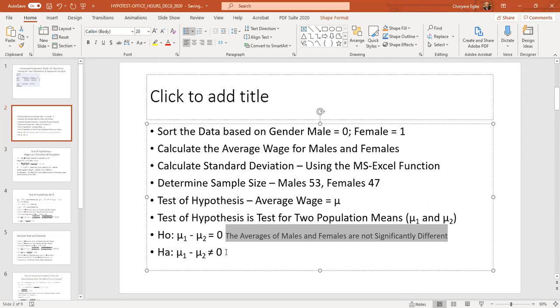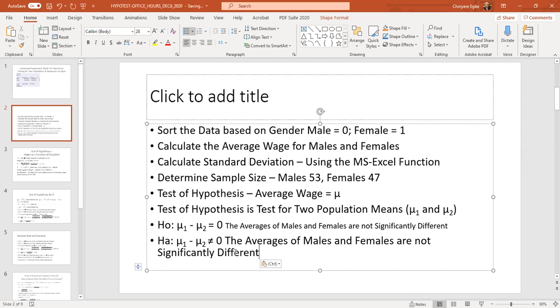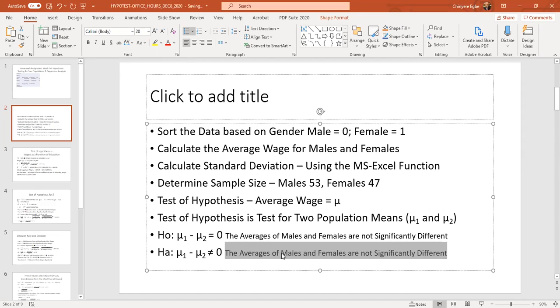Okay, and the alternate hypothesis is that the average wages of males and females are significantly different. So I'm going to make this a big H1, so as to differentiate the alternate from the null hypothesis.